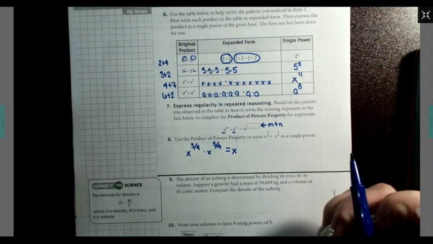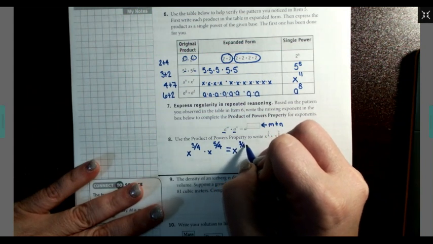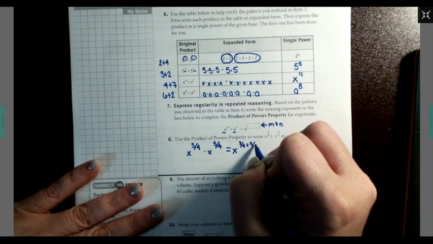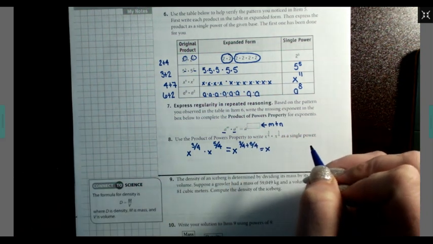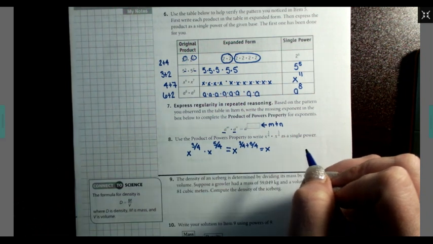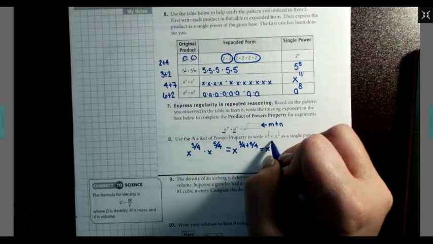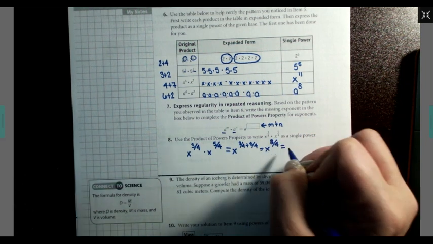And that's your new exponent. So I'm going to do 3/4 plus 5/4. Well, we've got like bases. That's good. What is 3 plus 5? 8. What is 8 divided by 4?